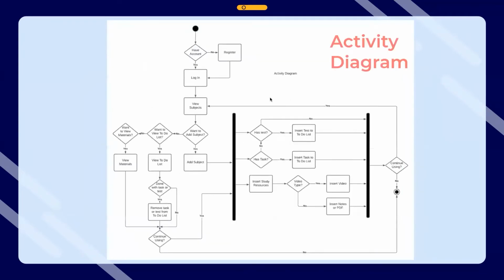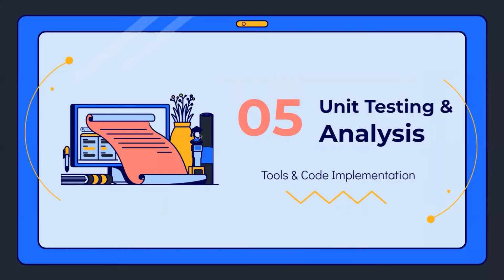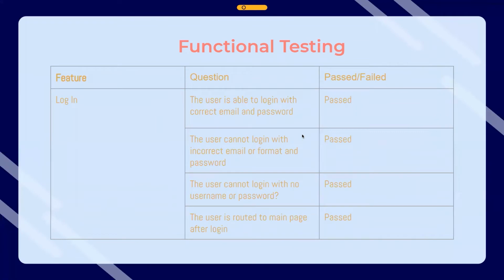And the activity diagram is the flow of how our project is going to work. And the component diagram is the relation of the components in our project. Next, we want to talk about unit testing and analysis.